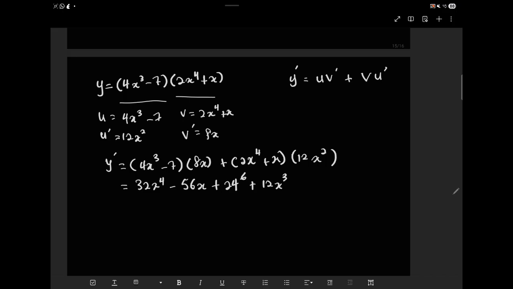Because you don't have the same terms of x, the best that we can do is just to rearrange it in order.